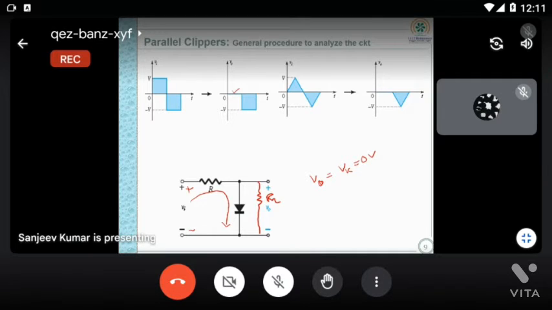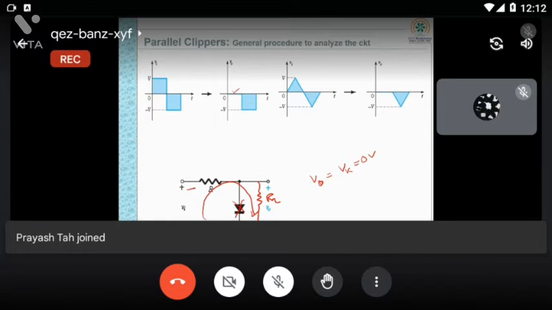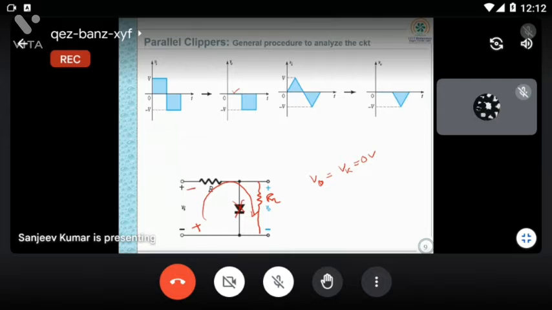For the negative half cycle, the diode will act as an open circuit. So this is minus, this is plus, and the diode will be open. Now whatever current flows, it will flow across RL only. If I apply KVL, minus V minus V0 is equal to 0.